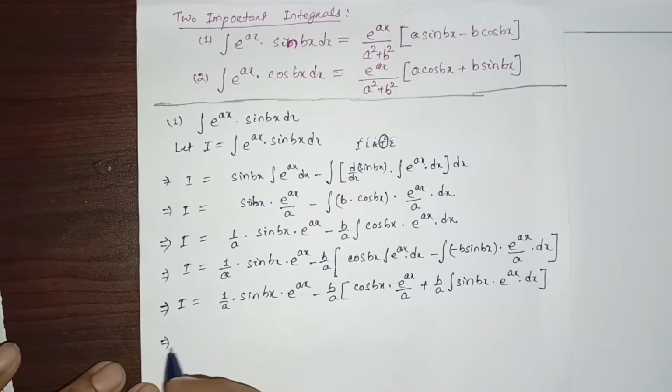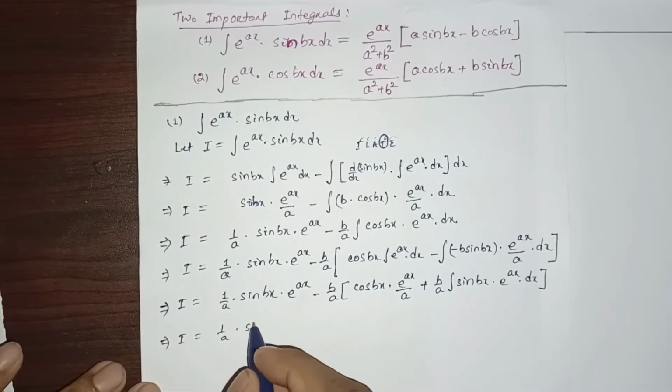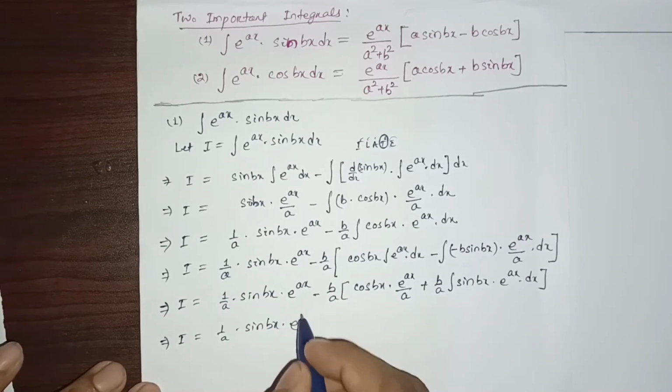Okay, so that implies I will be equal to 1 by a into sin bx into e to the power ax.